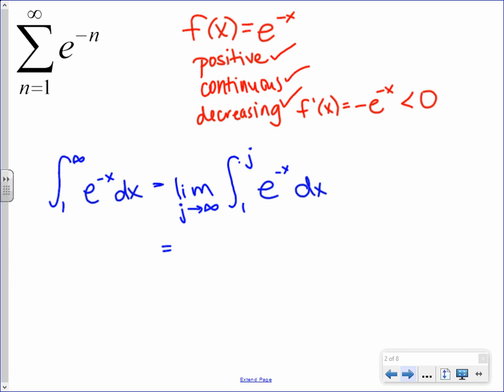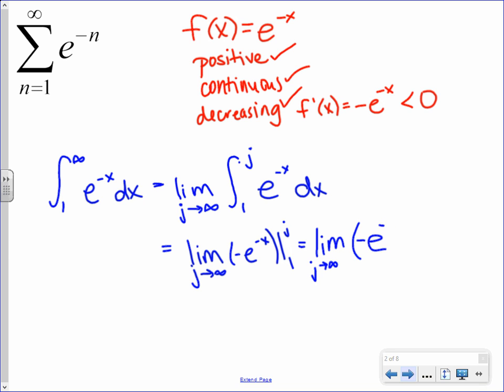Antiderivative of e to the negative x. Evaluated from 1 to j, so we have the limit as j approaches infinity of negative e to the negative j minus negative e to the negative 1.